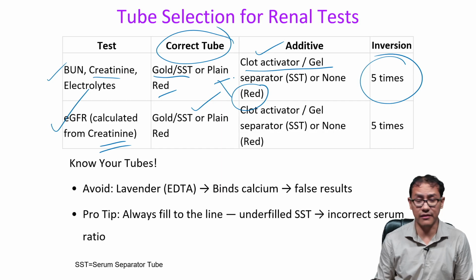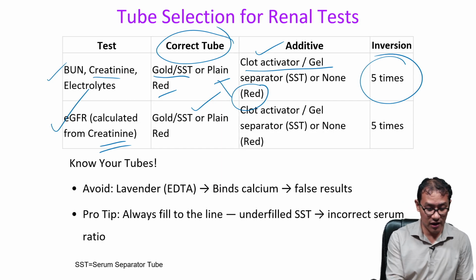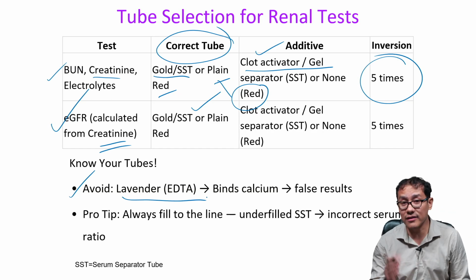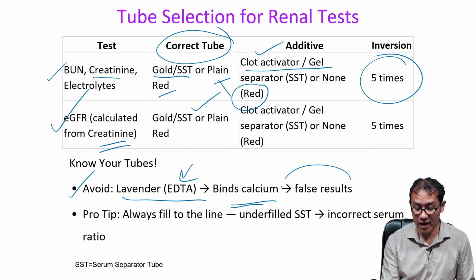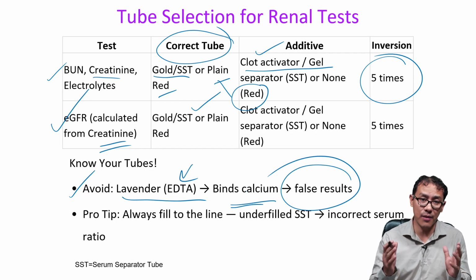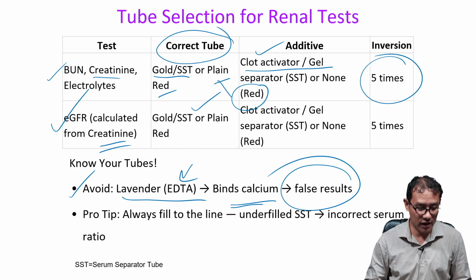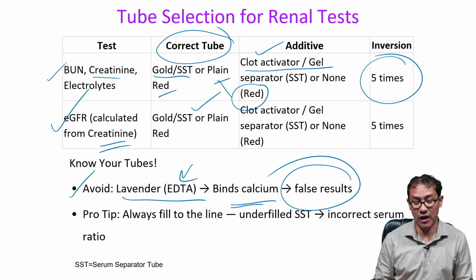You can use the plain red vial or the gold SST vial. If you use the lavender color vial, it contains EDTA, and EDTA binds with the calcium, so the calcium level may decrease and a false result may happen. That is why using the proper tube is very important.